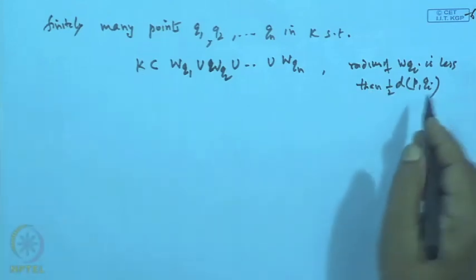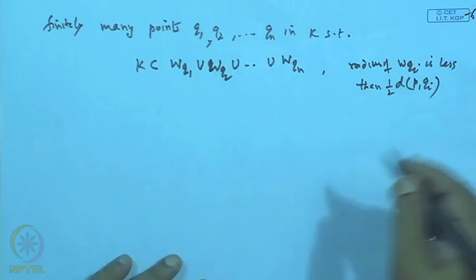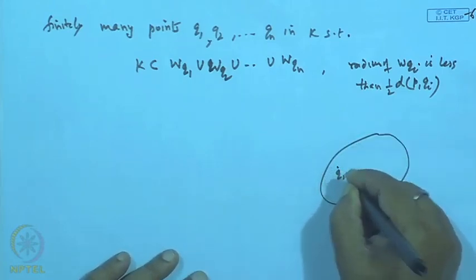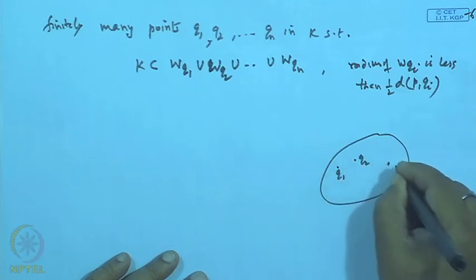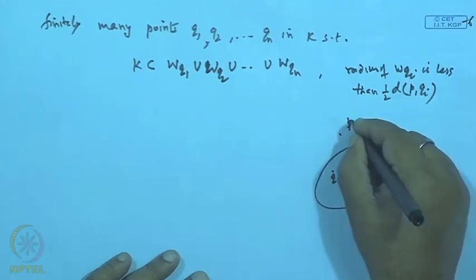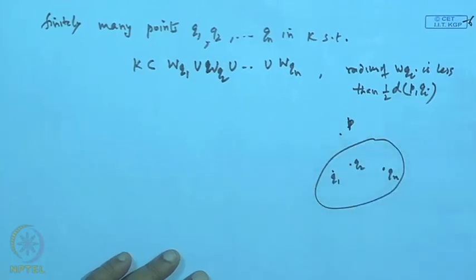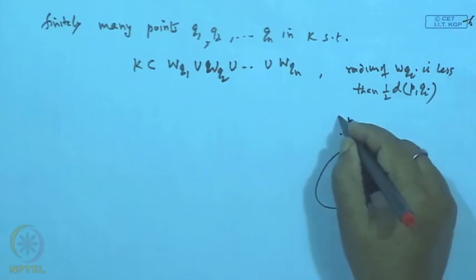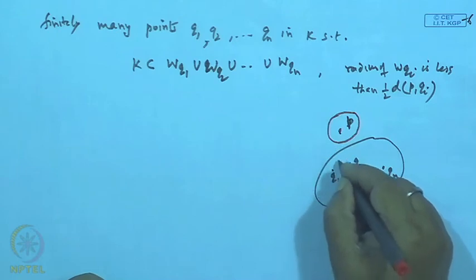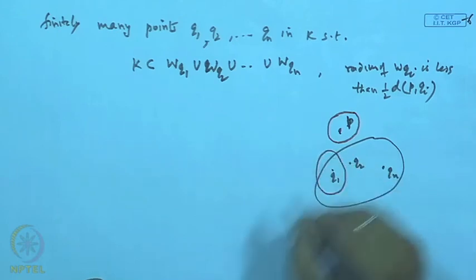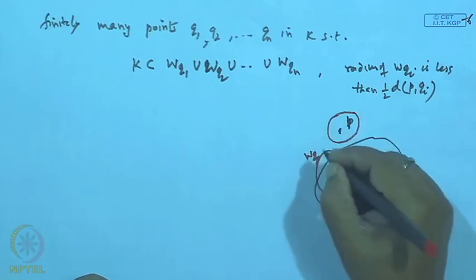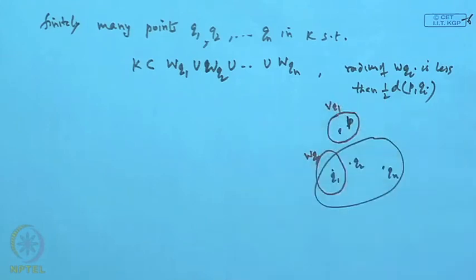Now, this is our K, here are q 1, q 2, up to q n, and here is P. What we are doing is drawing a ball around q 1, this is W q 1, and around P this is V q 1, which are disjoint.